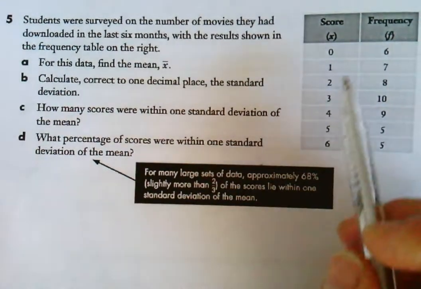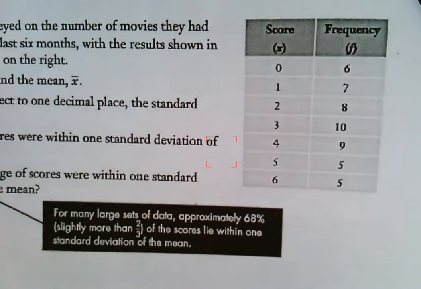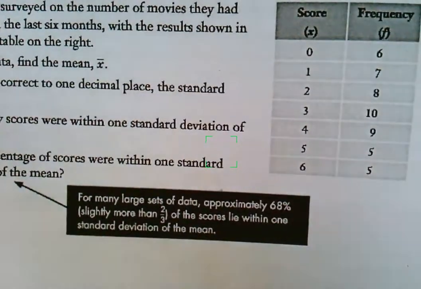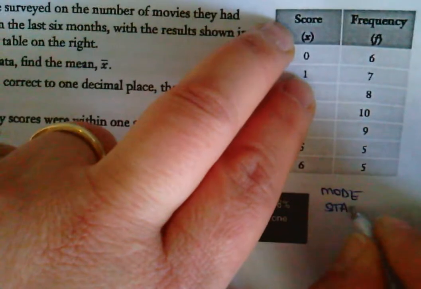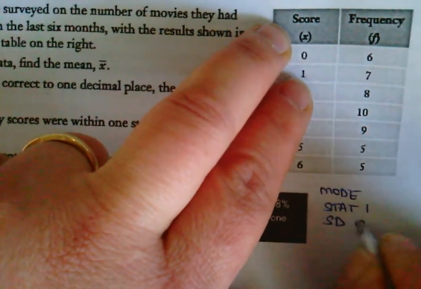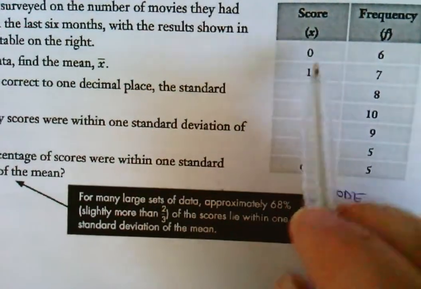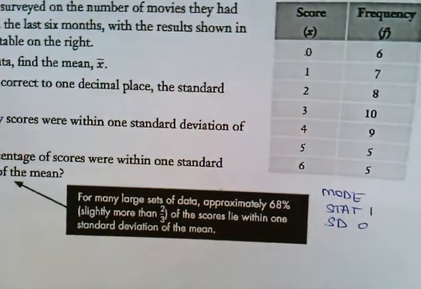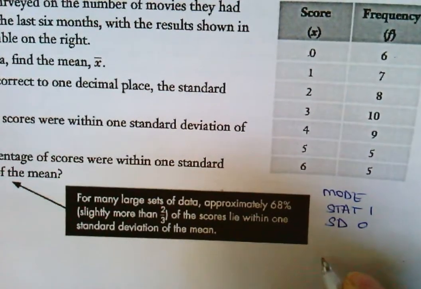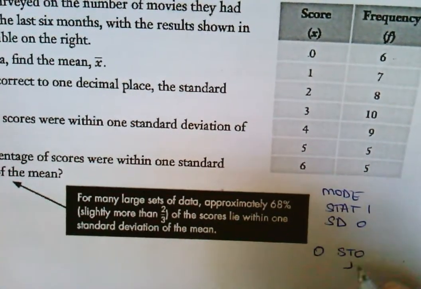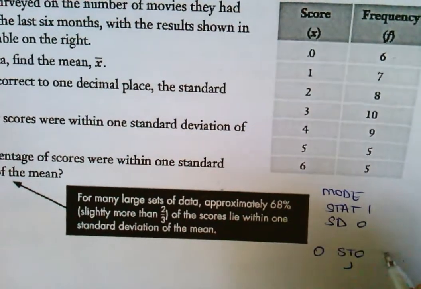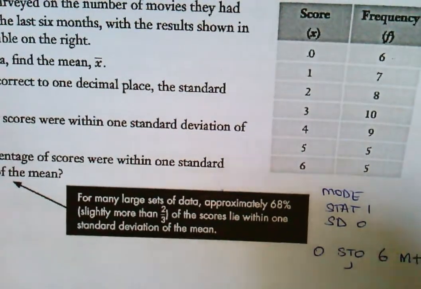Now, do you remember how we enter this data into the calculator? In statistics mode, you've got to go mode, stat, which is 1, SD, which is 0. Now, to enter the score 0 6 times, we go 0, I think it's the STO button or the comma button, 6, M plus.